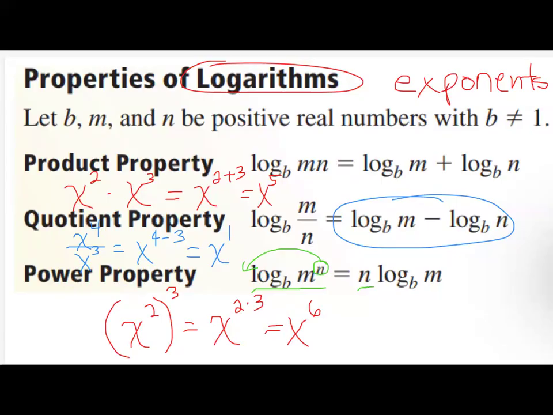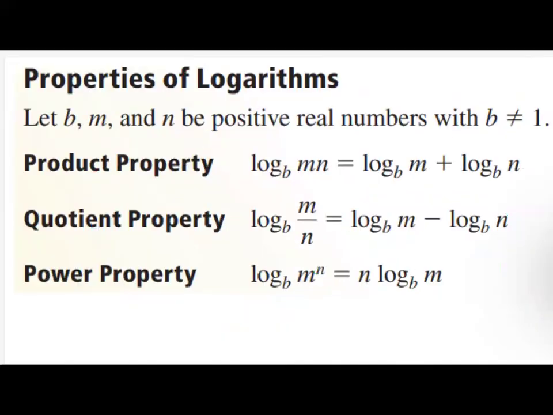So the power property says you multiply, just like with exponents. Every time you're learning something new, if you can connect it to something that you already know, it's very helpful. And this is great because, like I said, logarithms are exponents and they just connect to your properties of exponents, your laws of exponents.